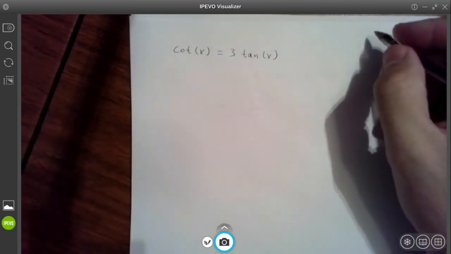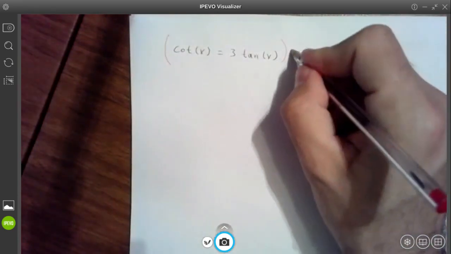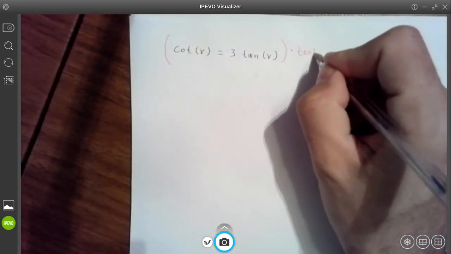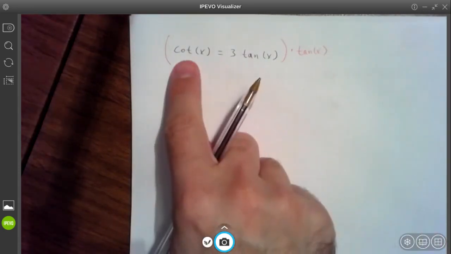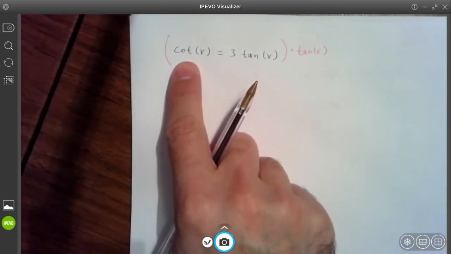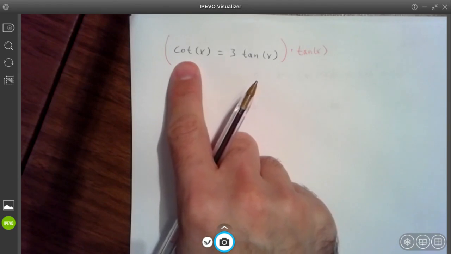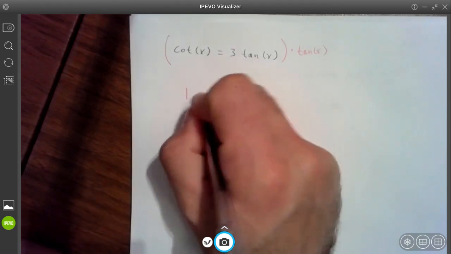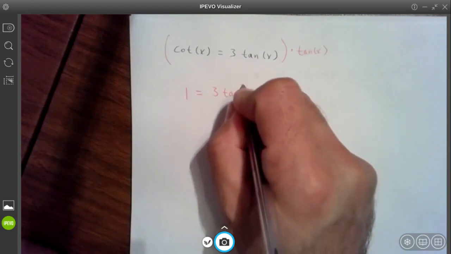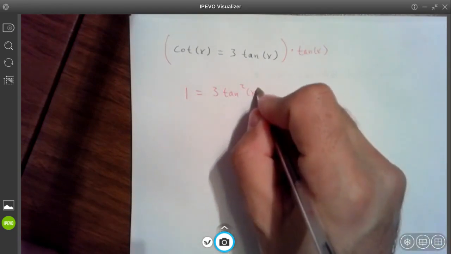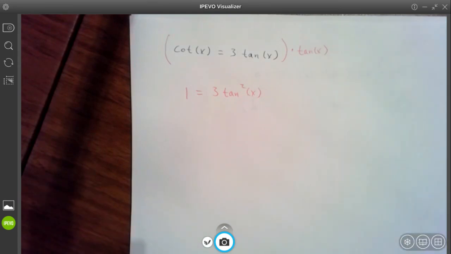If I take this whole equation and multiply it by tangent of x, the idea is that tangent times cotangent equals 1, and that's because they are reciprocals. So I'm going to be left with 1 equals 3 tan squared. That's the main trick on this one. That's what makes this one a little different.